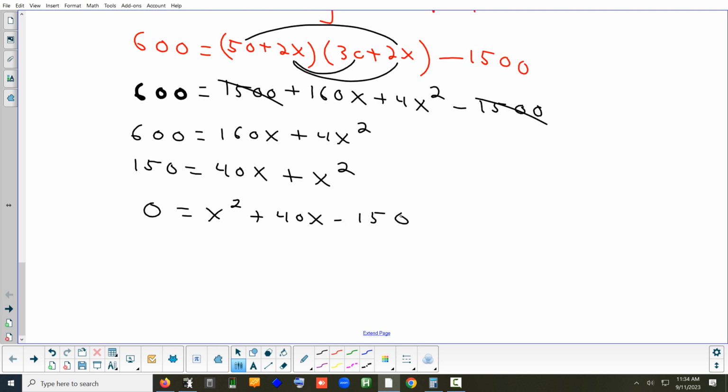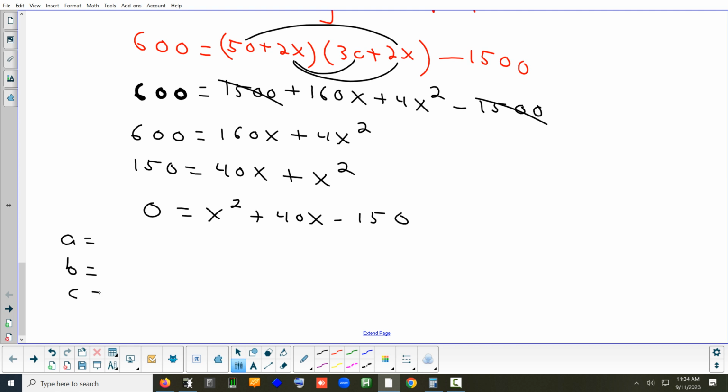Now I will tell you that is not factorable, so we're not going to be able to solve it with factoring. What's another method you can use to solve a quadratic type problem? Complete the square. You could complete the square, absolutely. I'm not going to do it that way, but you definitely could. Yeah, quadratic formula.